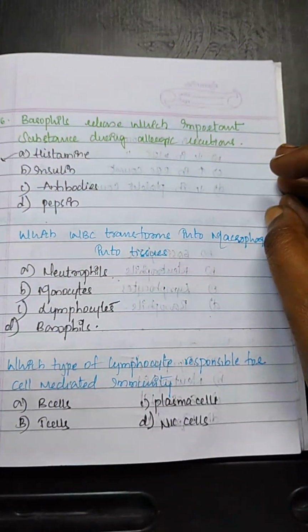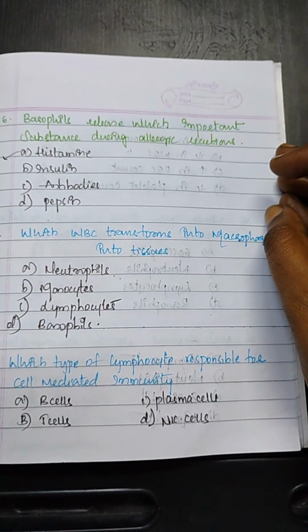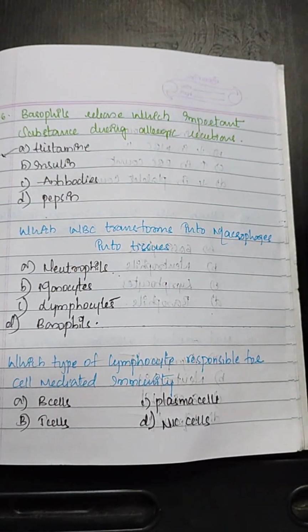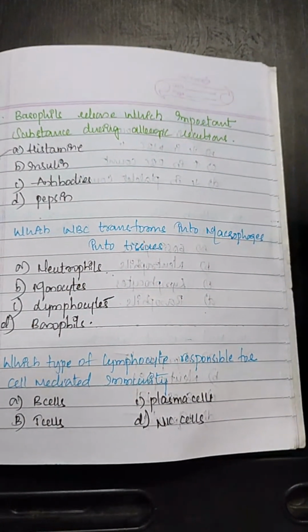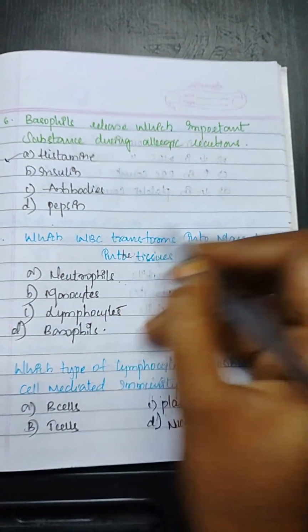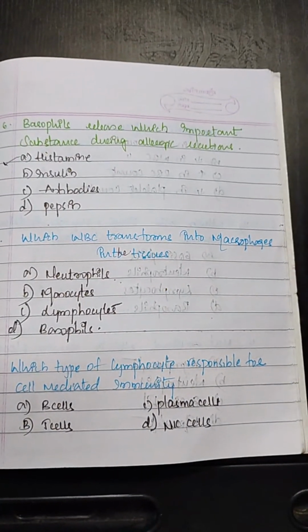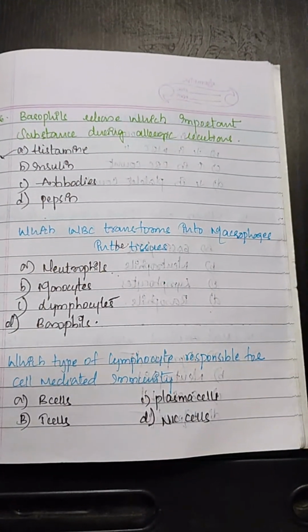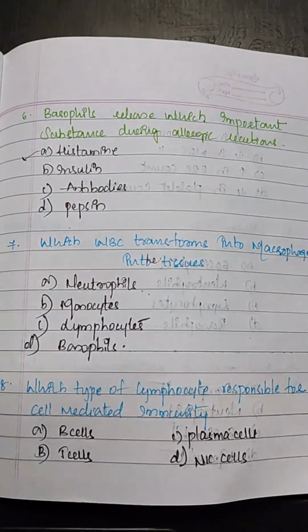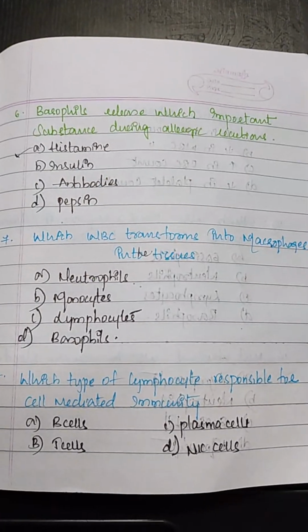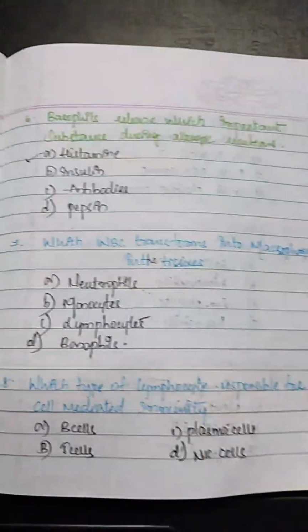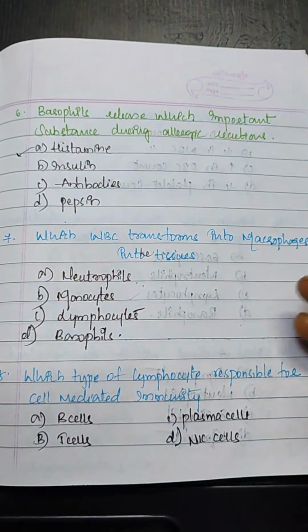The next question, which type of WBC transforms into macrophages in the tissues?